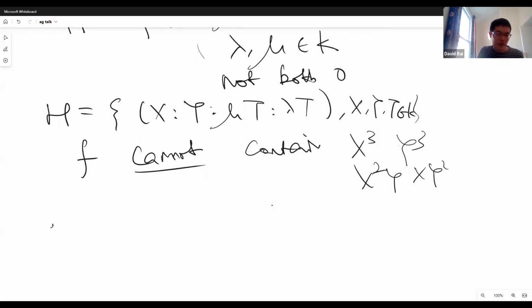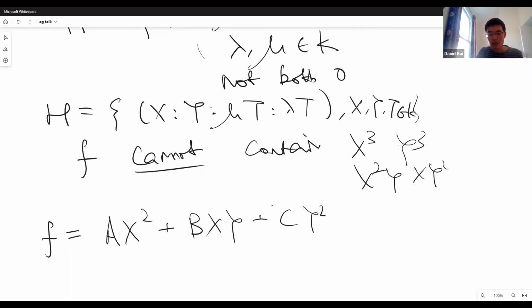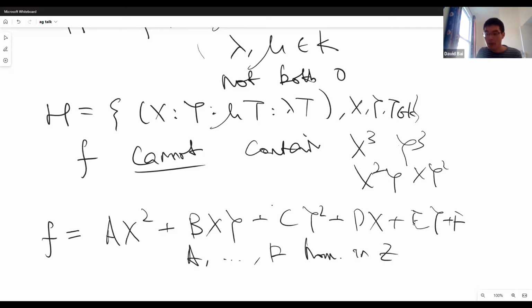So essentially, I can write F in this form. I can write F as a x squared plus b x y plus c y squared plus d x plus e y plus f, where a, b, c, d, e, f are homogeneous polynomials in Z and W of appropriate degree.